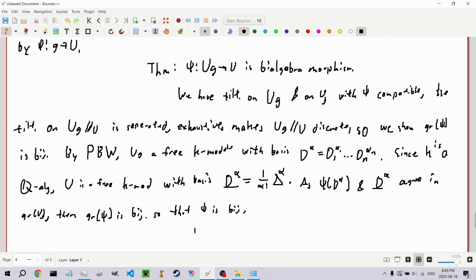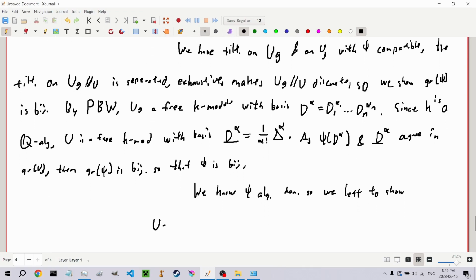Now we know psi is an algebra homomorphism, so we are left to show that we want it to be a bialgebra morphism.